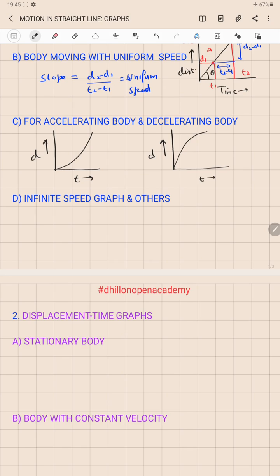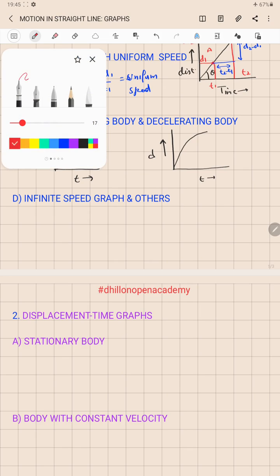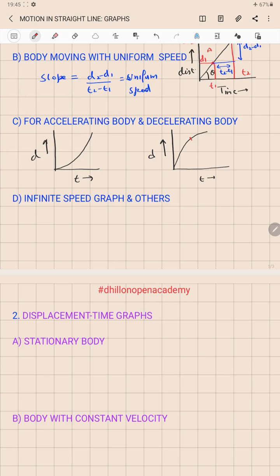So you can see that here, from this point onwards, say from point O, the graph is bending towards the time axis, that is, it is almost running parallel to the time axis.